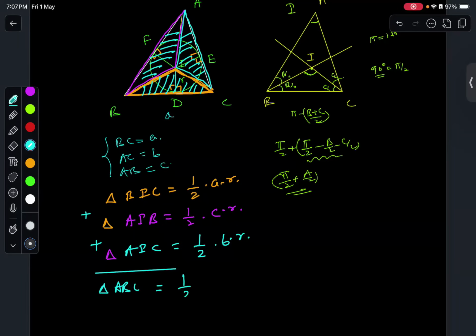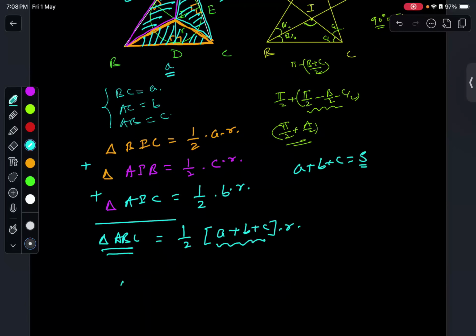This is half of a plus b plus c into r. This a plus b plus c is the perimeter, because BC was a, AC was b, and AB was c.